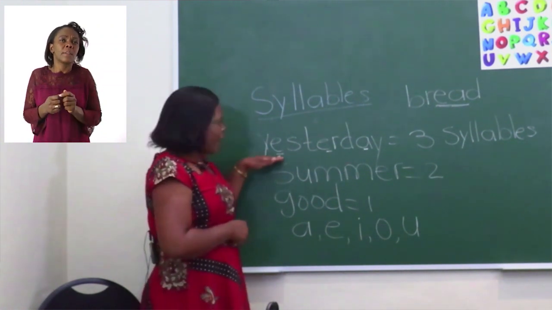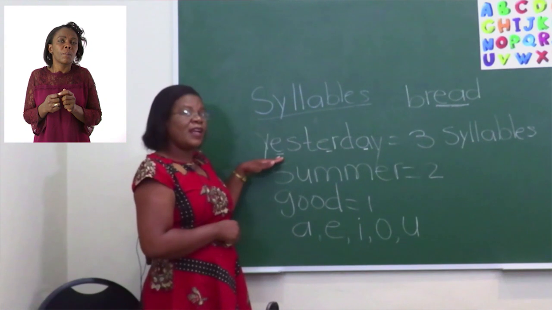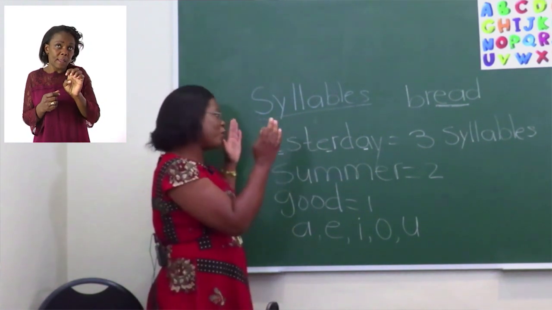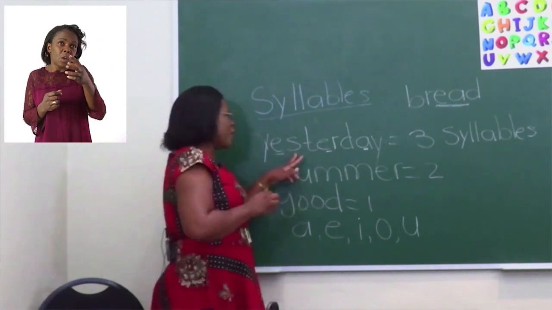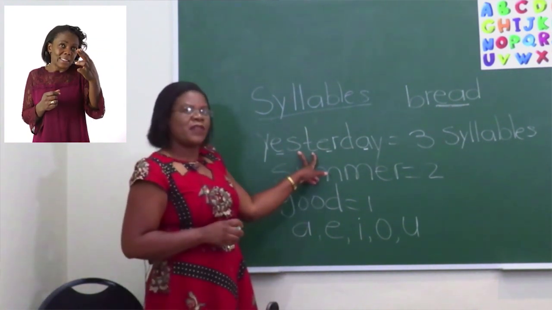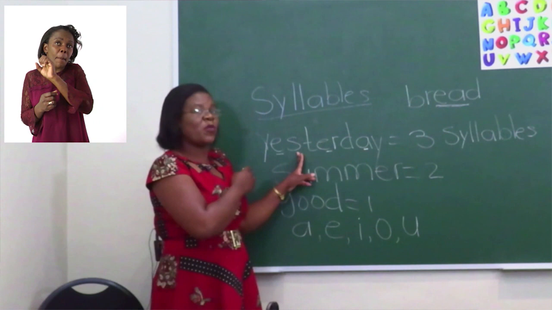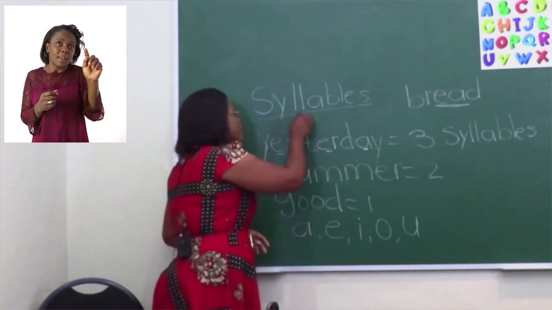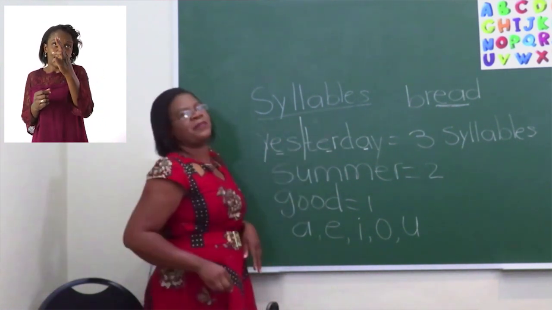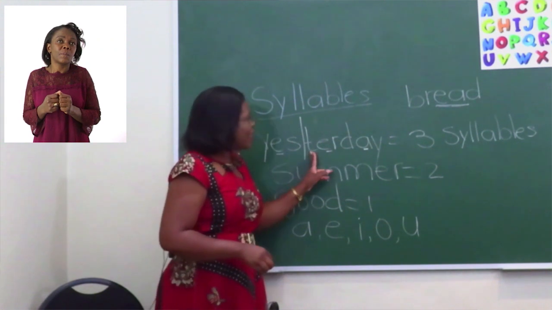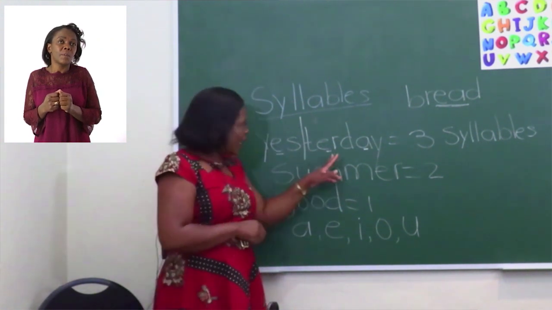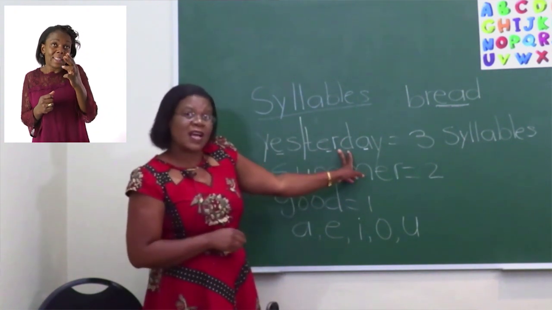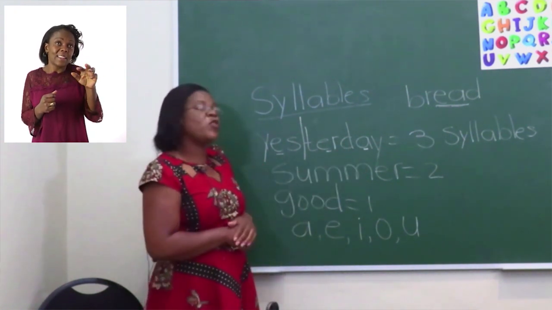So the first vowel here must stand alone in its own group. So I'm going to cut it between this and the T, because these 2 consonants must not come together on one side. So I have to divide them. And then the T is also having a vowel. And I have the 2 consonants again after a vowel. Where do I divide?